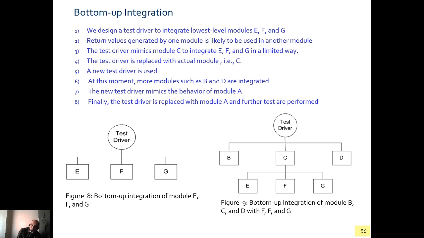E, F, G has been picked up first. So in some cases this is horizontal in the way, bottom up testing, and vertical, branch-wise testing is there in top down, right?